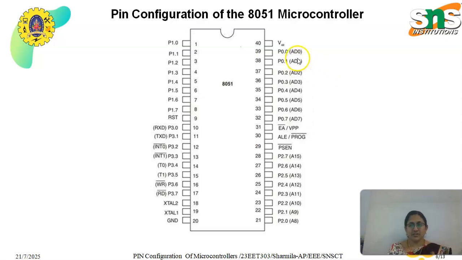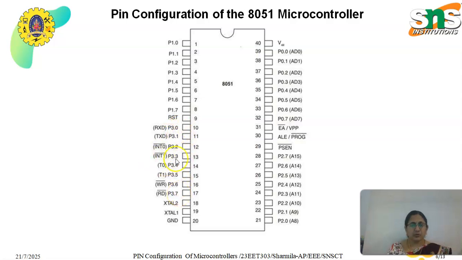The first port is port 0, represented as P0.0 to P0.7. The second one is P1.0 to P1.7, the third port is P2.0 to P2.7, and the fourth port is P3.0 to P3.7.